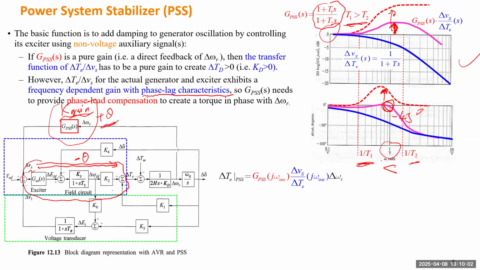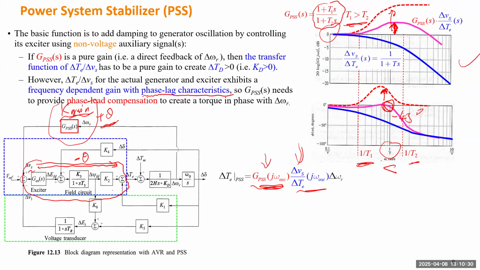Finally, this will be the final transfer function from speed deviation until electric torque, going through PSS and excitation system. So the transfer function will be that of the PSS and also the transfer function of the excitation system, because we already derived the detailed transfer function for the excitation system from previous slides.